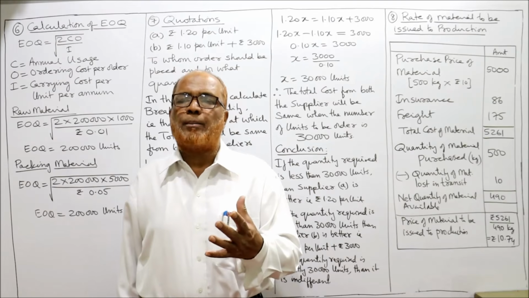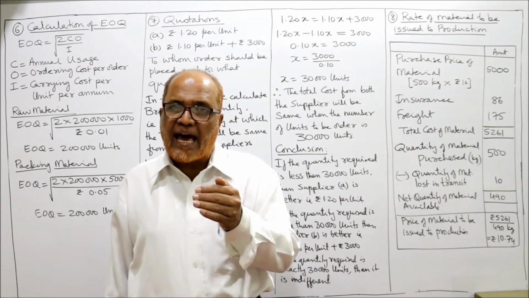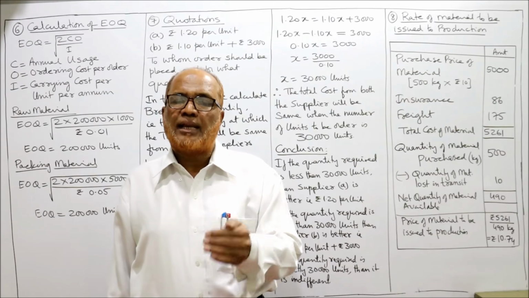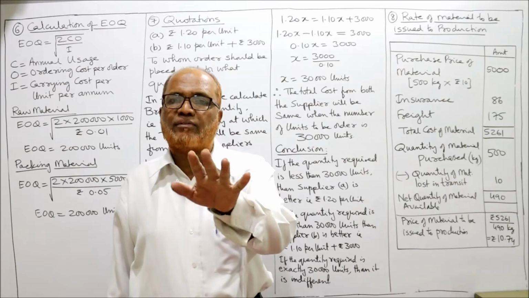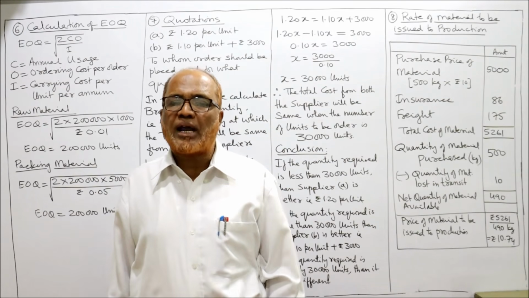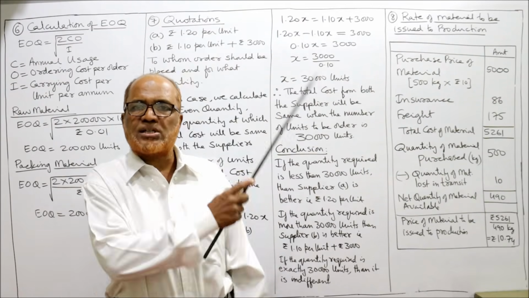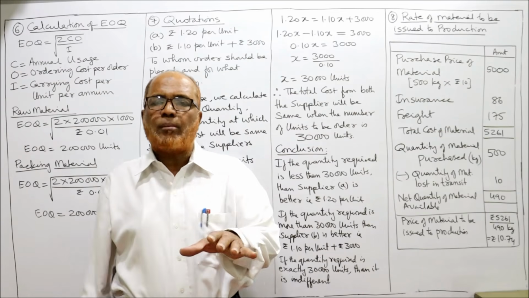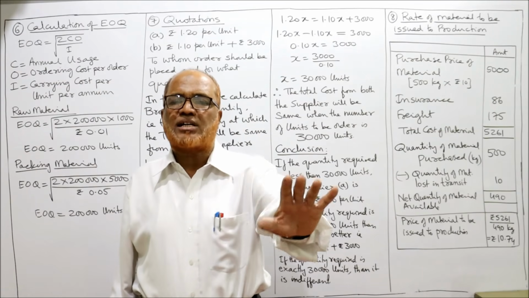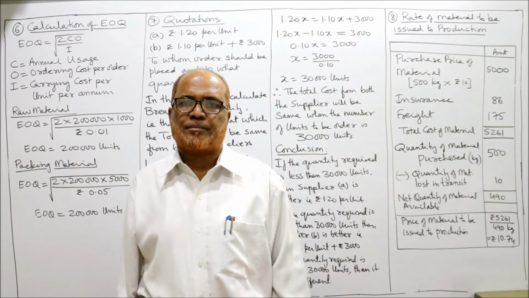We suggest to the company, if the requirement of material is less than 30,000, that the supplier who does not have the fixed cost is better. Which supplier does not have the fixed cost? A supplier, 1 rupee 20 paisa. So if the requirement is less than 30,000, we suggest to purchase from supplier A at 1.20 per unit.